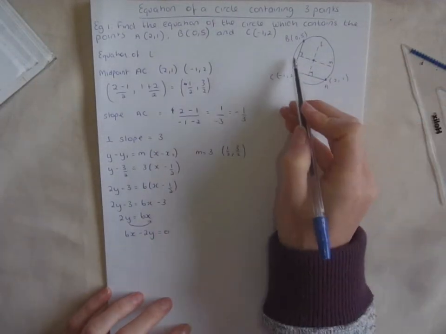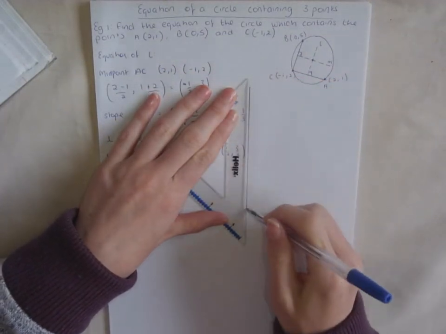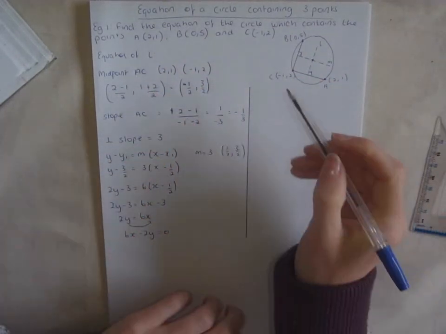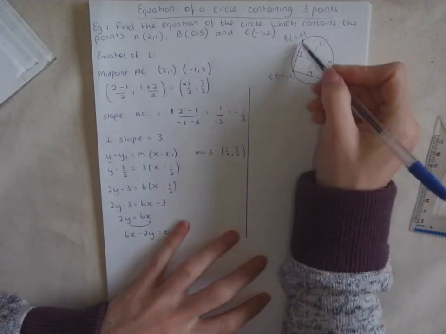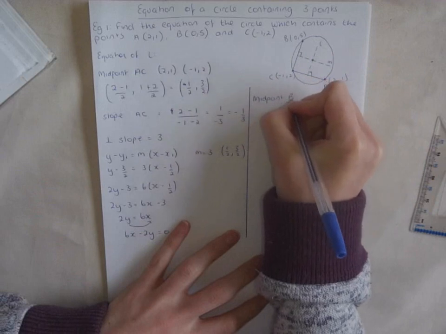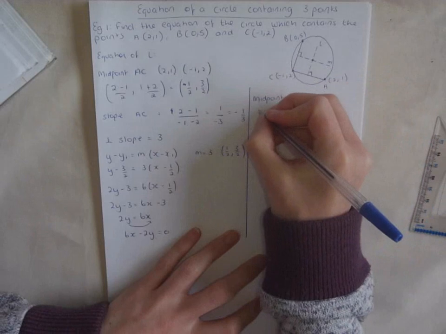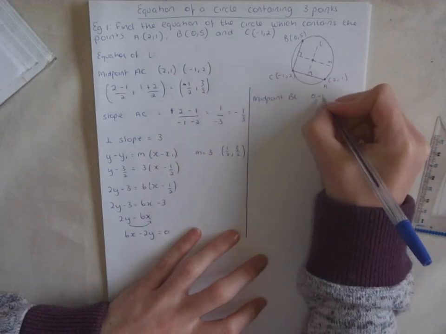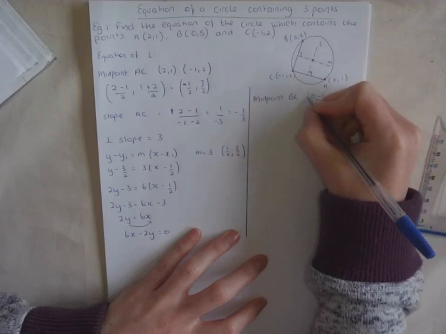Now I need to do the same thing, and I need to get the equation of M. Okay, so just on this side, to get the equation of M, I need the midpoint, I need the slope, and then the perpendicular slope. So the midpoint of BC is going to be x1 plus x2 over 2 and y1 plus y2 over 2.